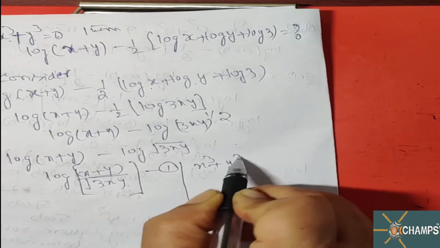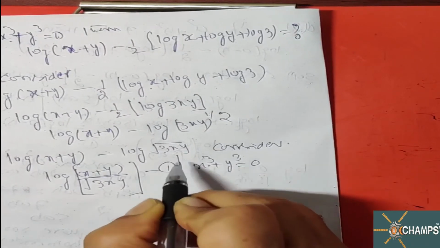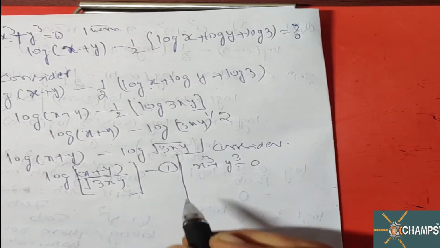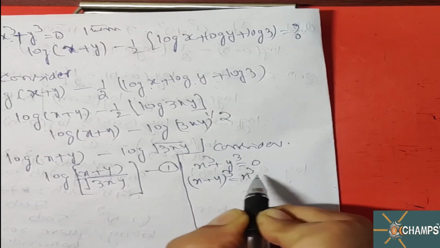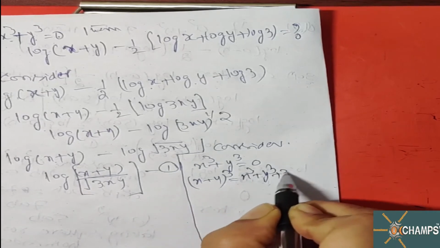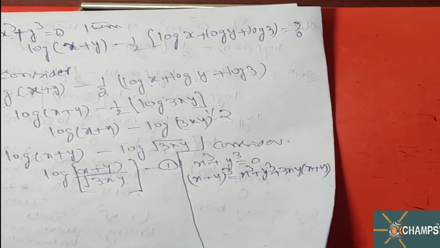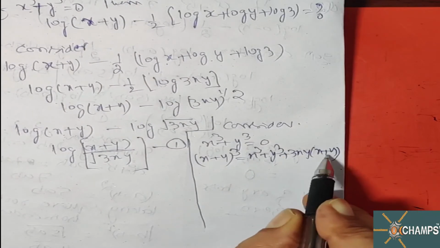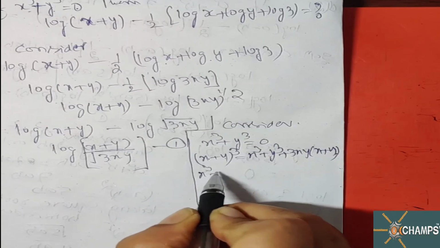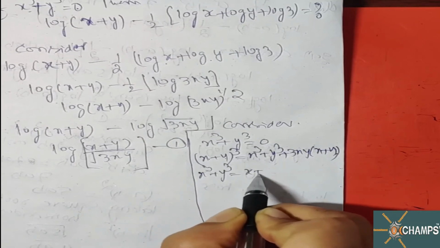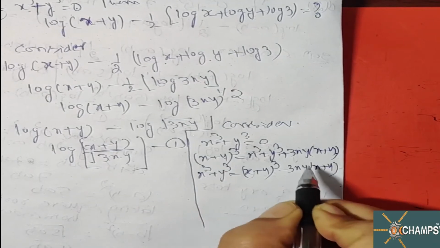Given x cube plus y cube is equal to 0, now x plus y whole cube is equal to x cube plus y cube plus 3xy into x plus y. So x cube plus y cube can be written as x plus y whole cube minus 3xy into x plus y.